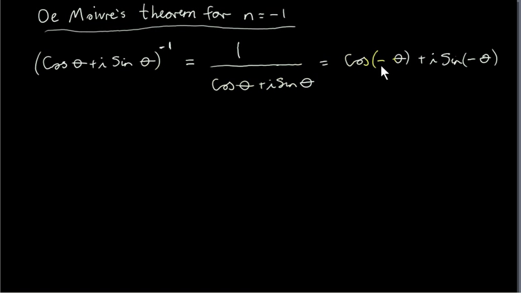And in the division video, a few videos back, on the division of complex numbers in polar form, we saw that this here is cos of minus theta plus i sine of minus theta. But you see that this is just got by multiplying minus 1 by theta. Minus 1 times theta is minus theta. So now you see that de Moivre's theorem is true for n equals minus 1.